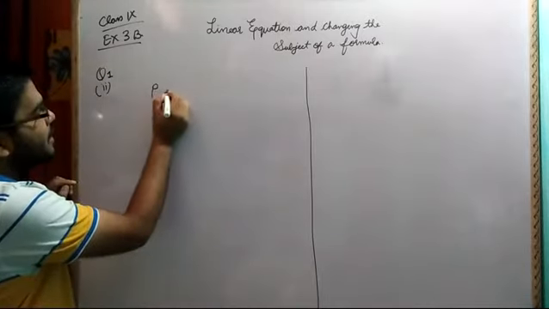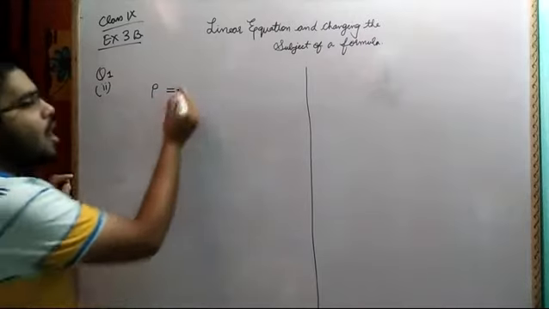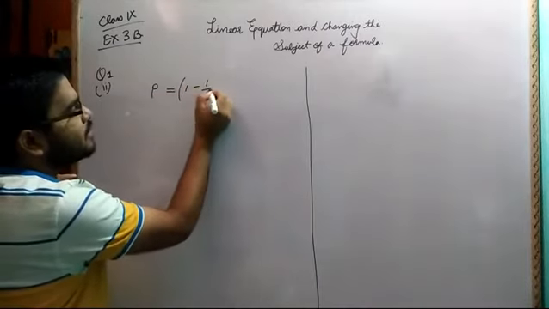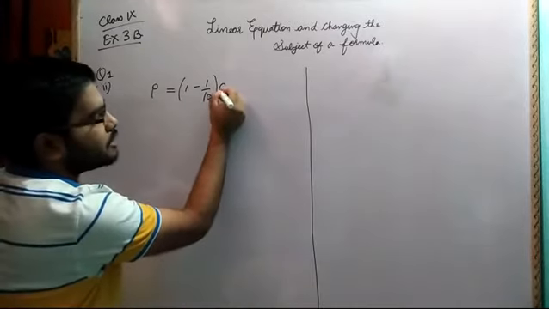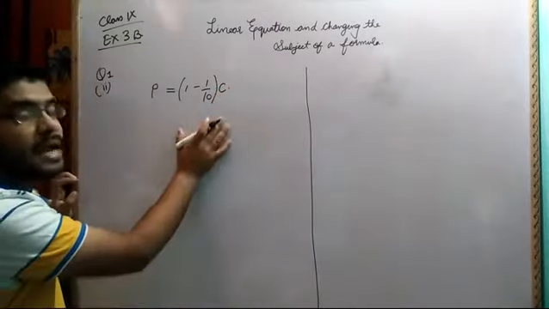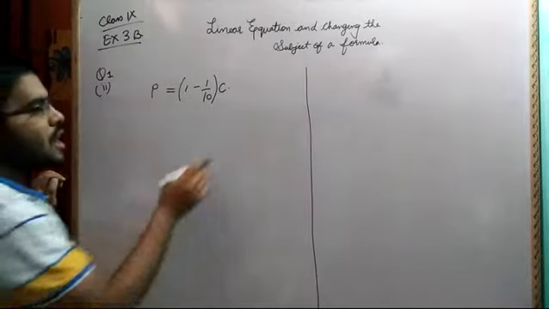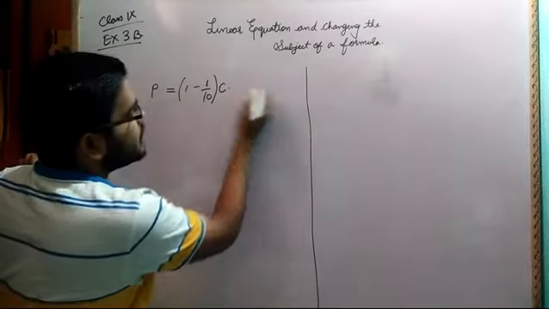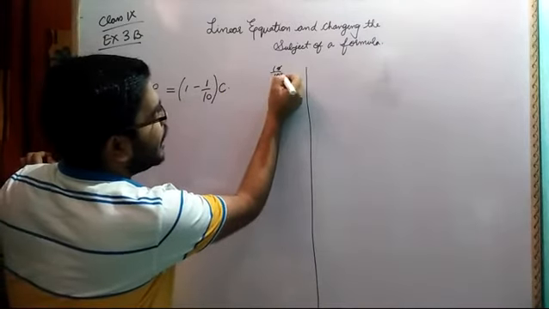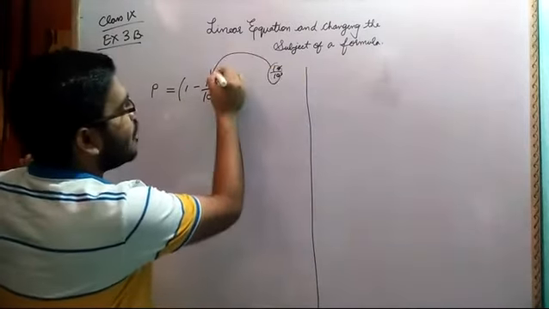Selling price P is equal to how much times? 1 minus 1 by 10 times means multiplication of the marked price. Marked price is denoted by C here according to this question, after giving a discount of 10%. So 10% discount means 10 by 100, so it will be 1 by 10, which is already mentioned here.